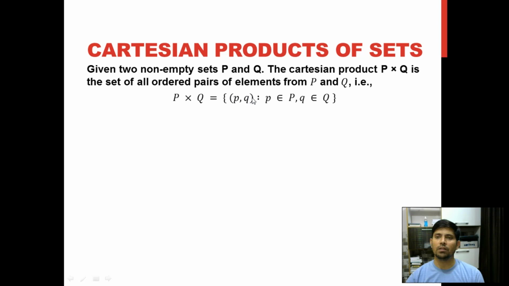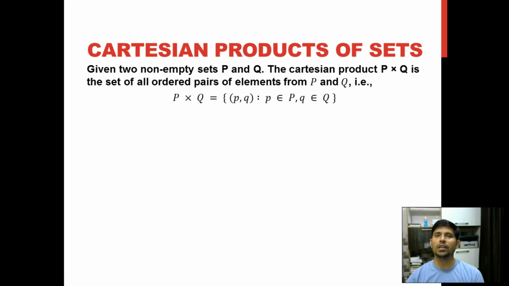This is the ordered pair. What is (p, q)? It is an ordered pair where the first element, small p, is an element of the first set P, and the second element q is an element of the set Q.